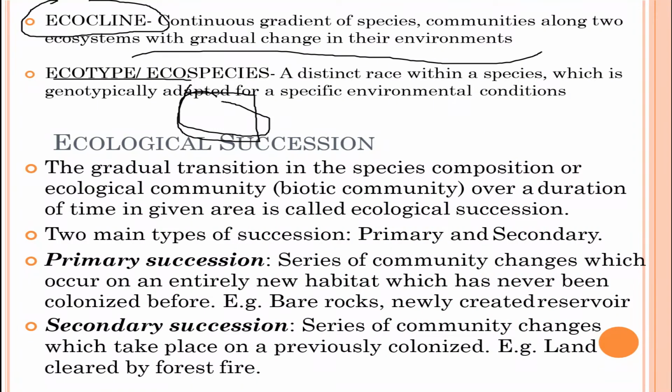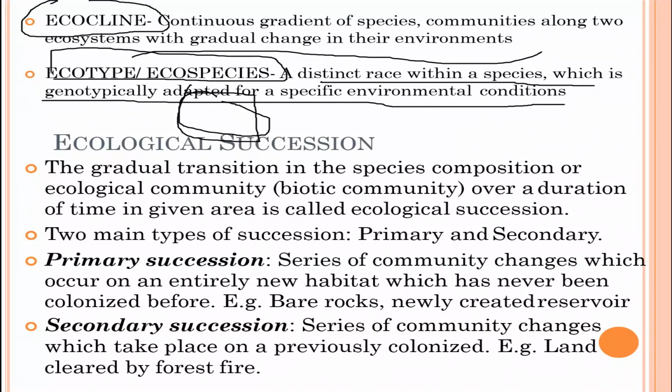Another term is the ecotype or ecospecies, which is a distinct race within a species that is genotypically adapted to specific environmental conditions. These organisms survive only in those particular conditions. Talking about ecological succession: the gradual transition in the species composition or ecological community over a duration of time in a given area is called ecological succession.